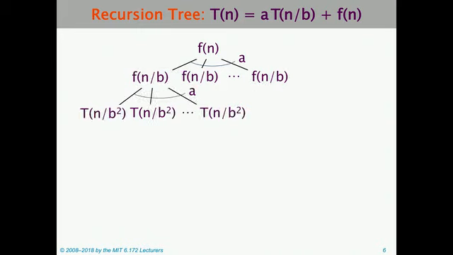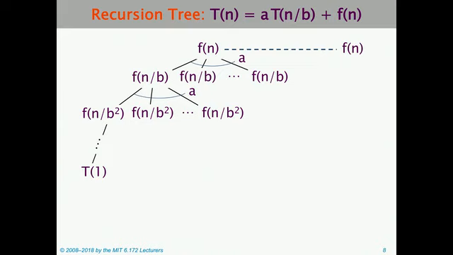And then I do it again at every level. Okay, so I expand all the leaves. I only expanded one here because I ran out of space. Okay, and you keep doing that till you get down to t of 1. Okay, and so then the trick of looking at these recurrences is to add across the rows. So the first row adds up to f of n.